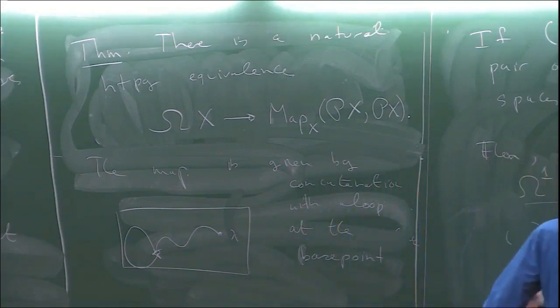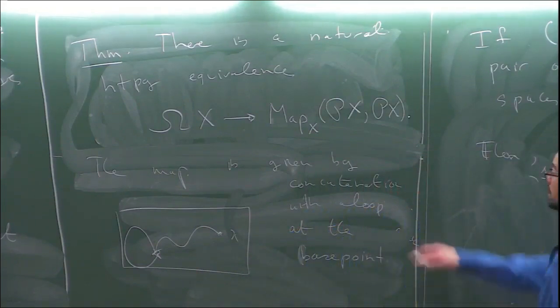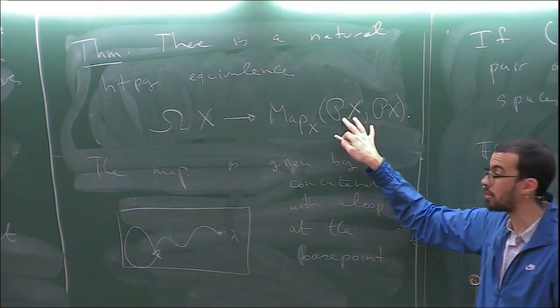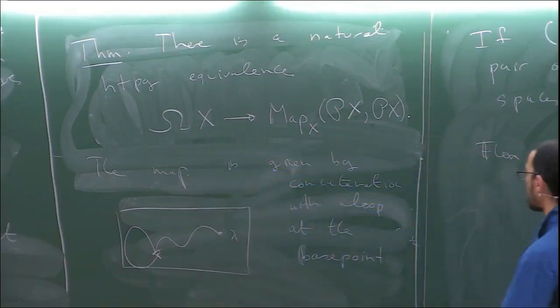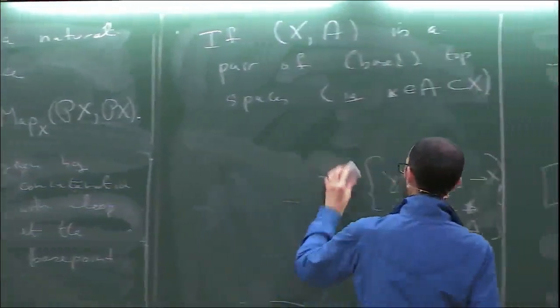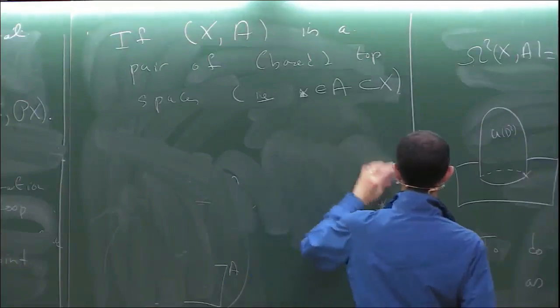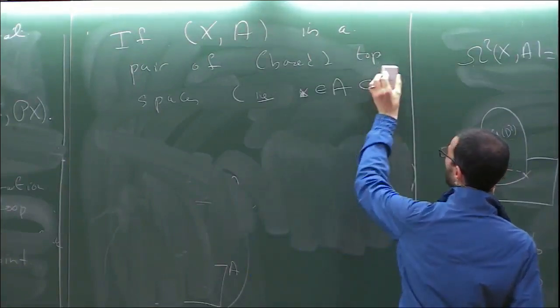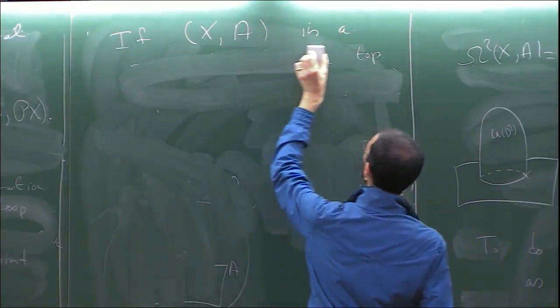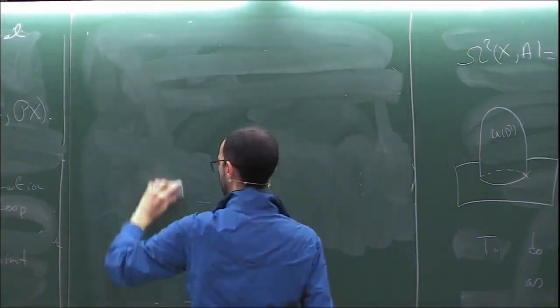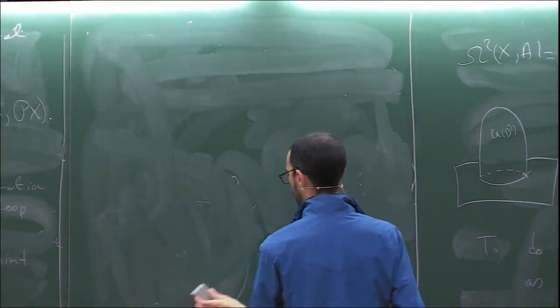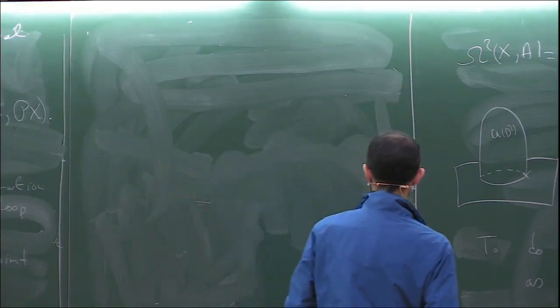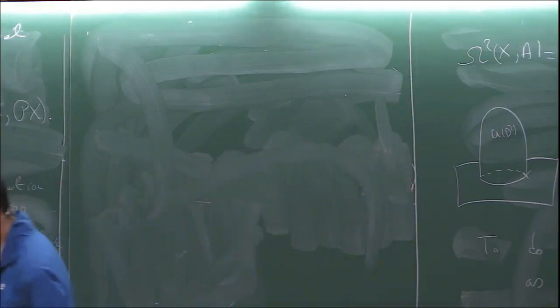So that's the assertion. The assertion is that this space is again really huge, much bigger than this loop space, but that this map is a homotopy equivalence. So what do we need to do?